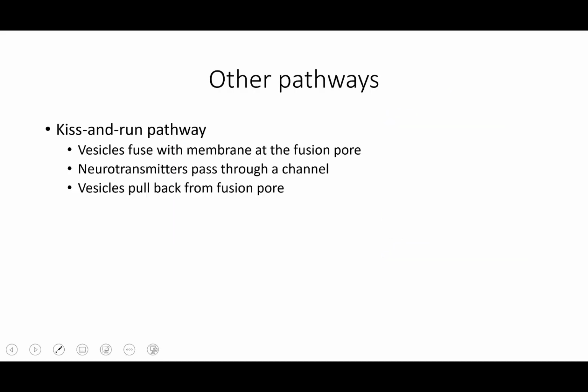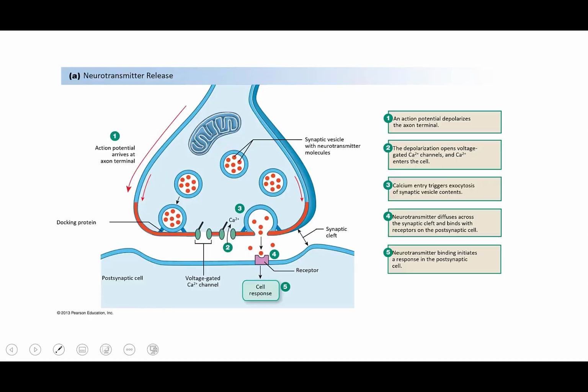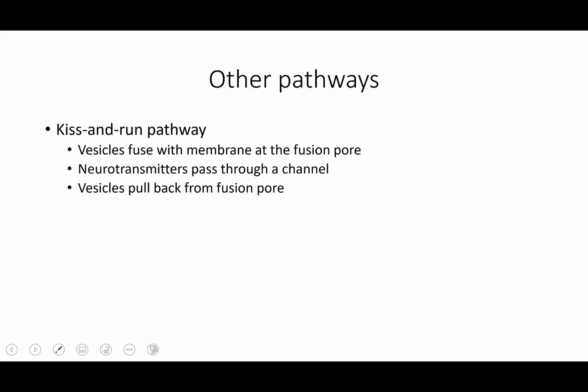There are other pathways. One is the kiss and run pathway, in which the vesicle will actually fuse with the membrane at what we call a fusion pore. So previously you see we have these docking proteins that they kind of bind to, but then this will be incorporated into the membrane. When we have a fusion pore, that holds the vesicle in place.